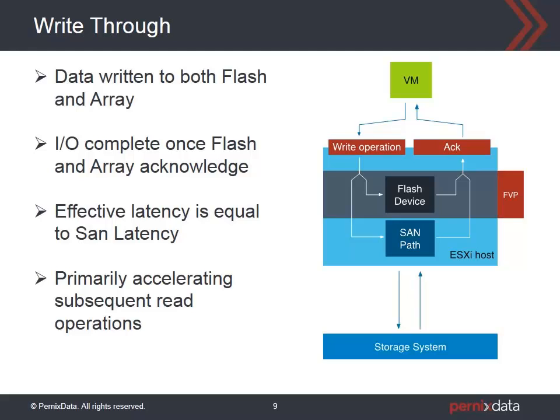Now it only acknowledges the write back to the virtual machine when it receives the acknowledgement from the flash device and the array itself. So the effective latency is all the way down towards the storage system. So for writes you don't get the acceleration primarily, but for reads you do, because the next time the virtual machine reads the data, we're going to service it from flash.